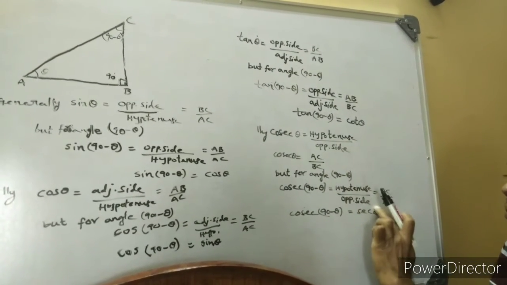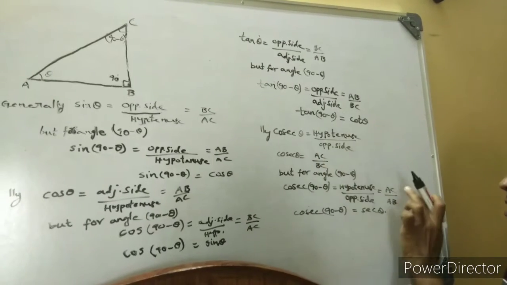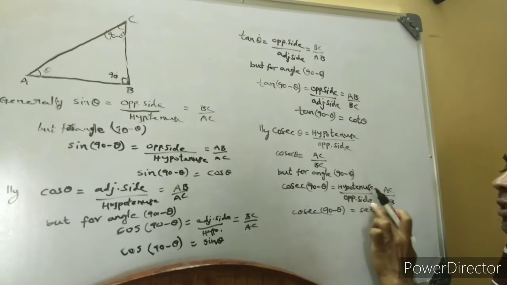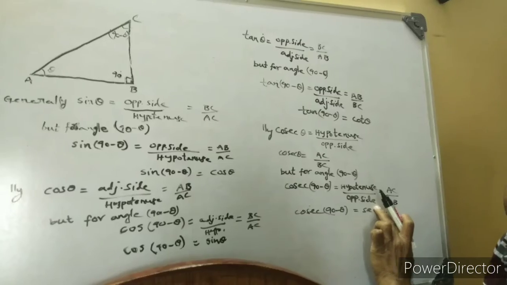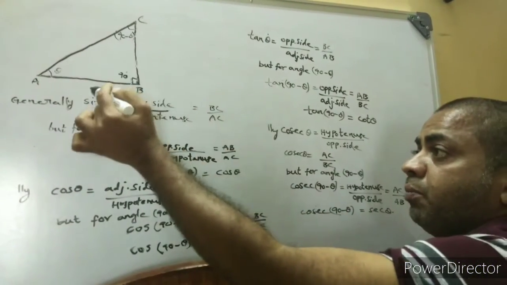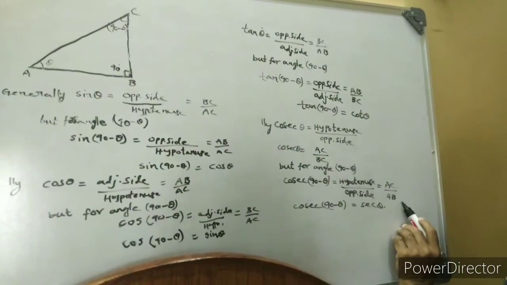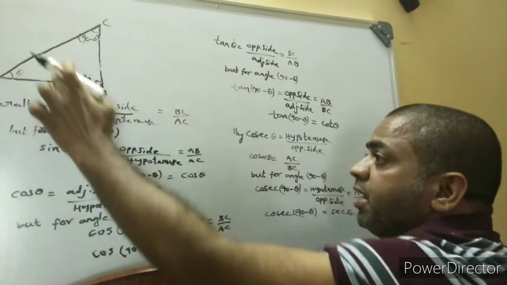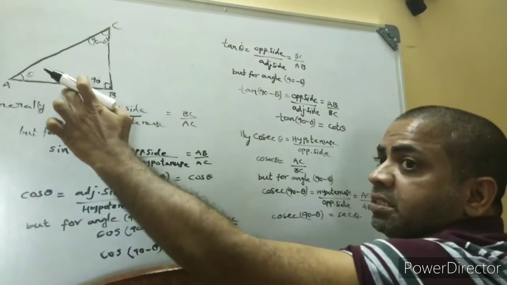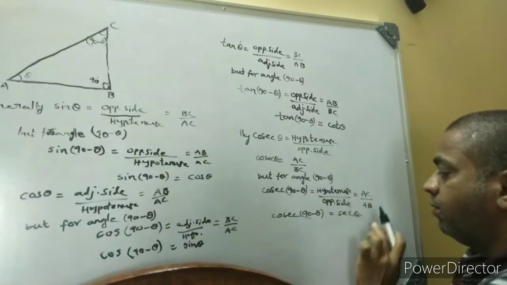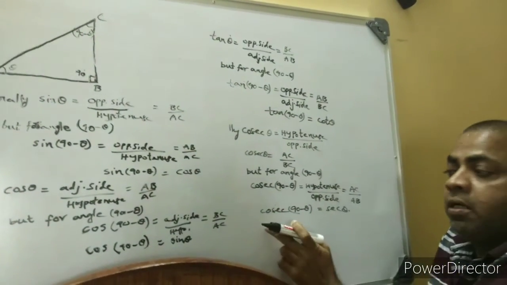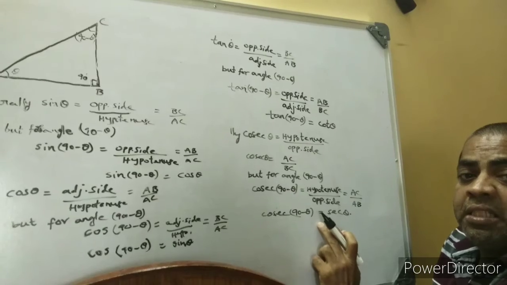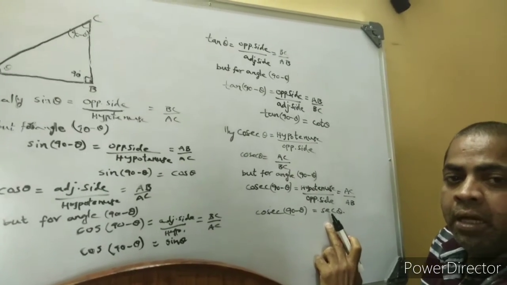The formula does not change, and the hypotenuse is as it is, AC. The opposite side to 90 minus theta is AB, so AC by AB, which is hypotenuse by adjacent side, exactly equal to secant theta. Therefore, cosecant 90 minus theta is equal to secant theta.